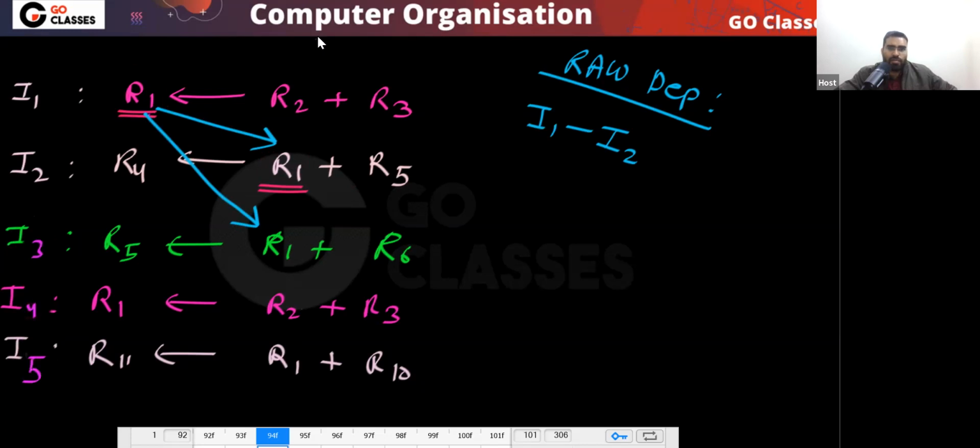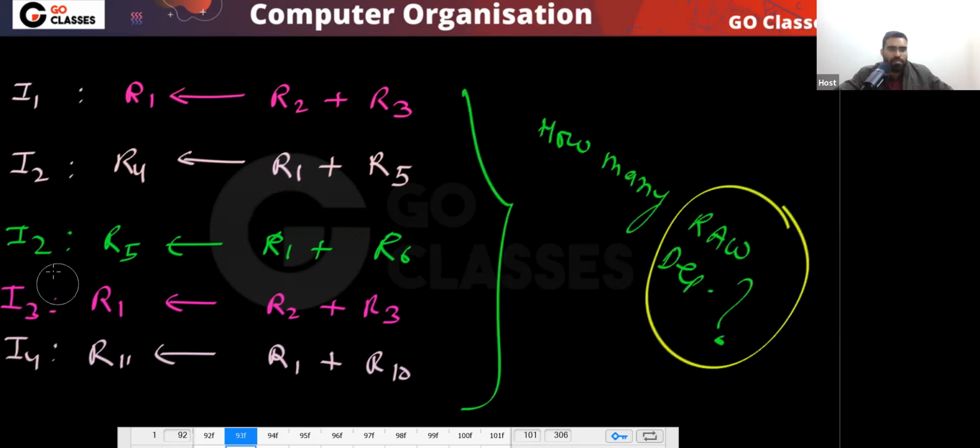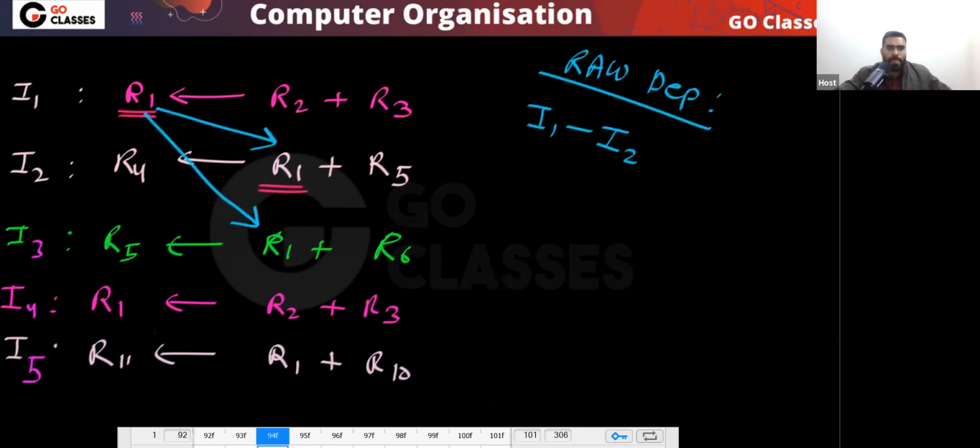So tell me, is there a RAW dependency from I1 to I3? Yes, because again you can notice that I3 is reading the value which is written by I1.